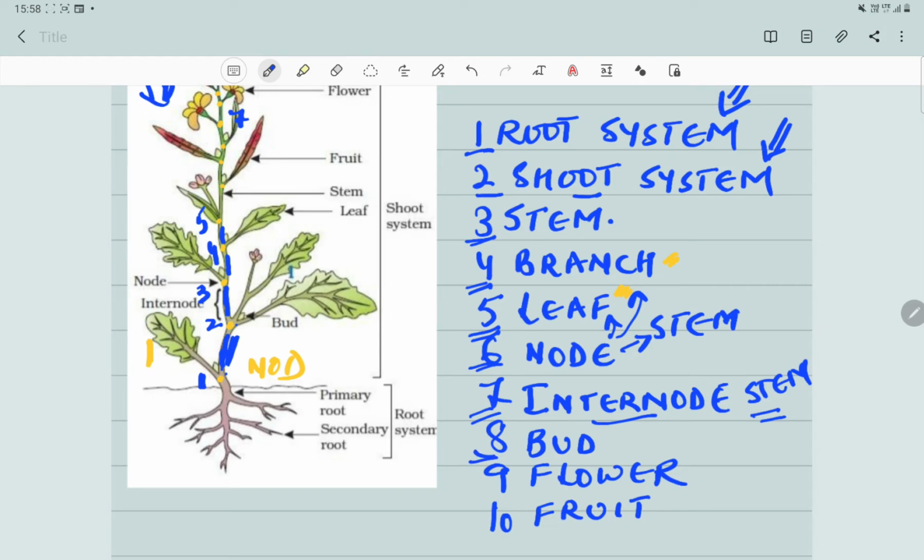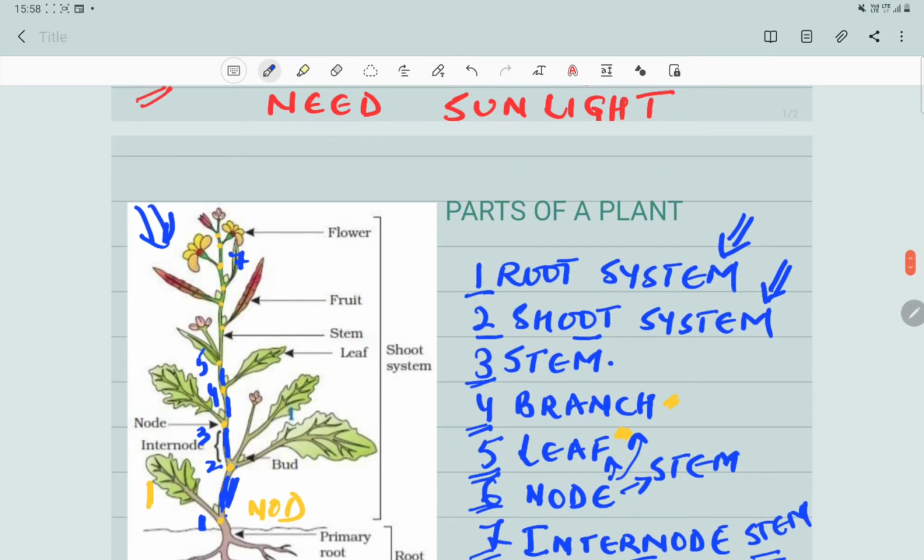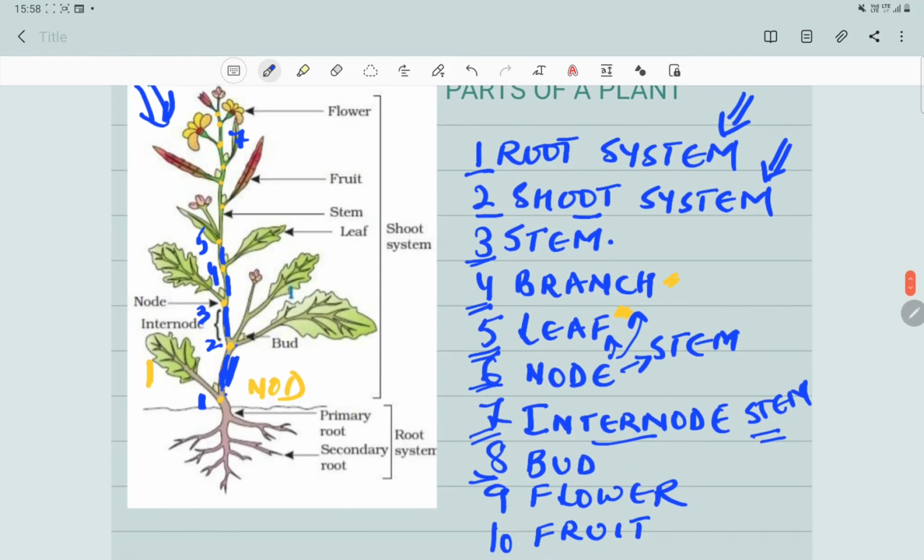Now, part number 8. A bud is a structure which is found between the leaf and the stem. So let me just clear up the diagram a little, and here it is. We have a leaf here, and a leaf here, and a leaf here, and this is the main central stem. You can see the stem here.